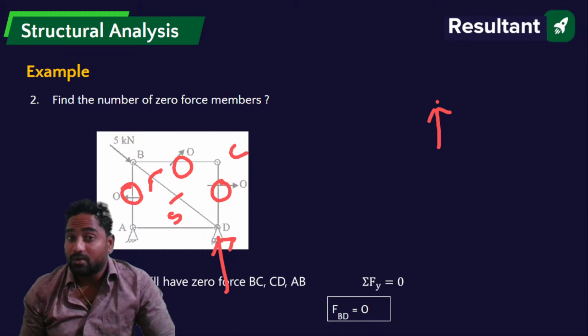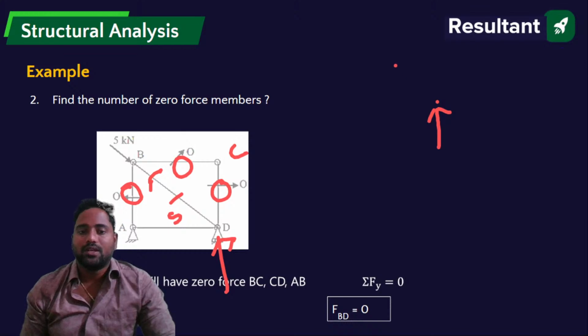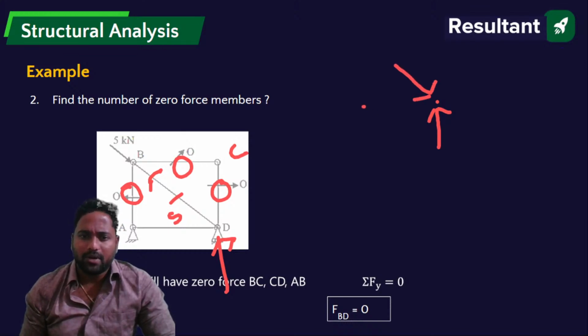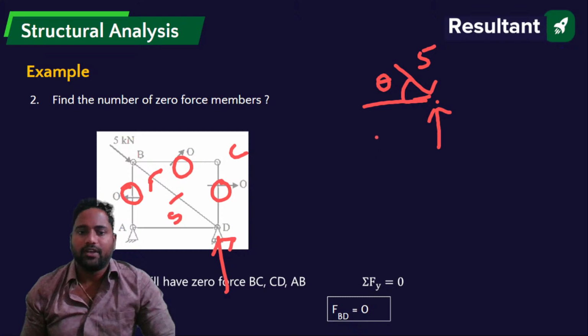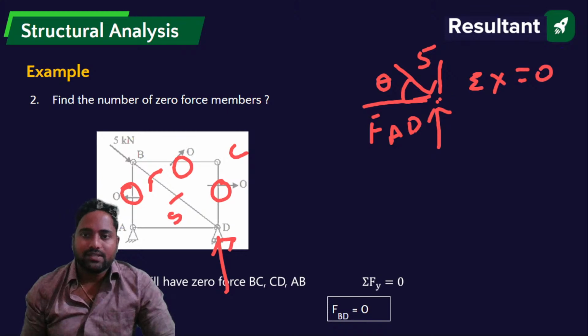I didn't find out the vertical reaction. I directly start by using the equations of equilibrium at the joints. So here, if I take this as some theta, this is 5. So if I take this as FAD, and if I take summation of forces in x direction equals to 0, FAC is anyway 0, right?